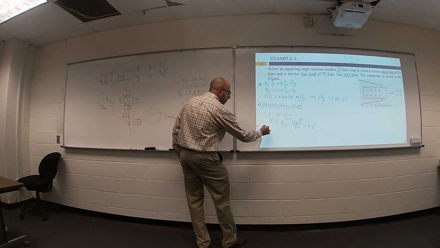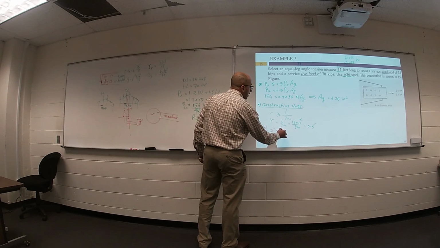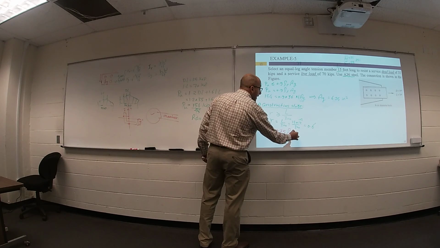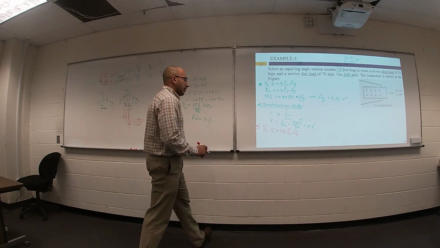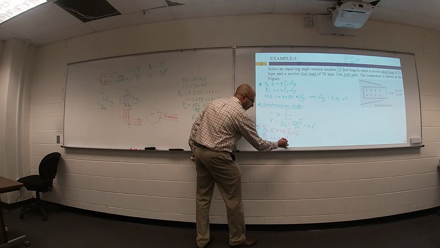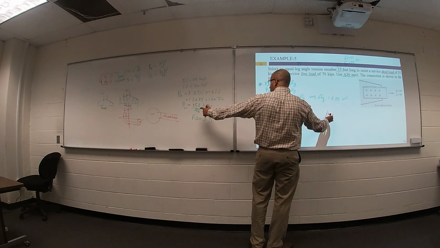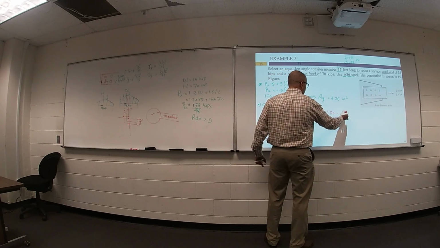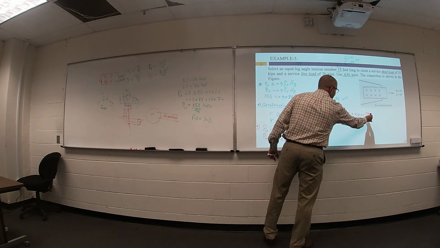We also know P ultimate is smaller or equal to 0.75 F ultimate times area effective. So I will assume P ultimate equals 0.75 F ultimate area effective. So P ultimate 154 equals 0.75 times 58 times area effective.